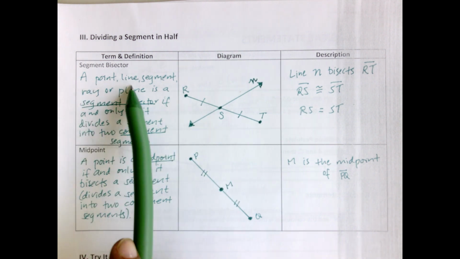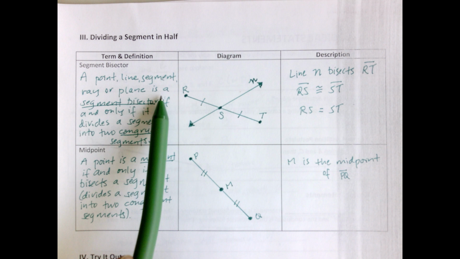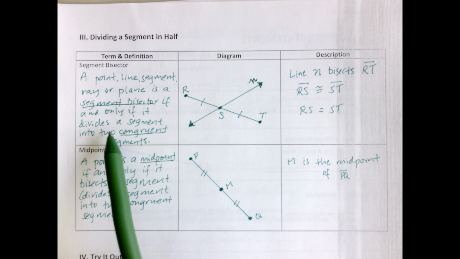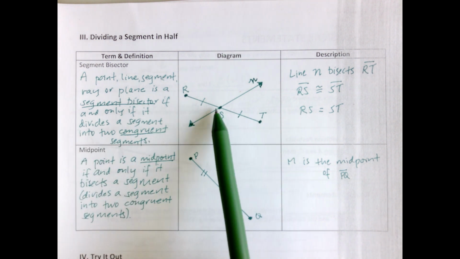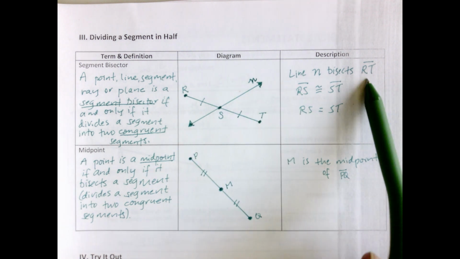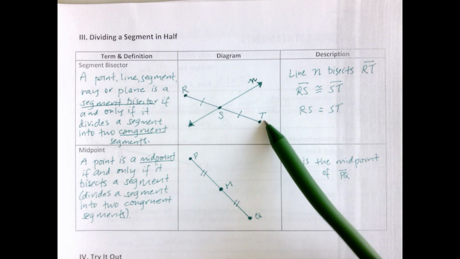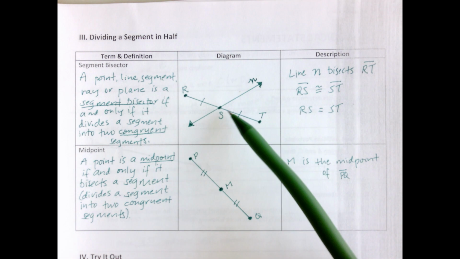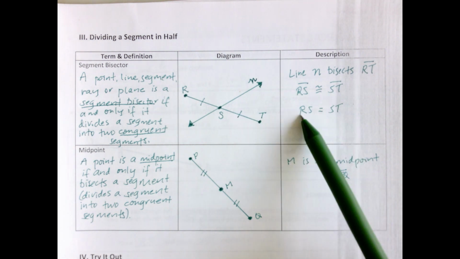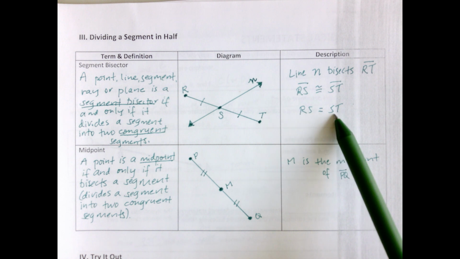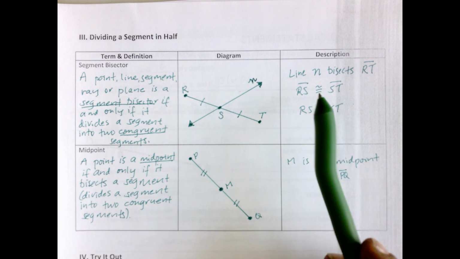Any point, line, segment, ray, or plane is a segment bisector if and only if it divides a segment into two congruent segments. I call them parts, but they are segments, right? So line N bisects segment RT, and segment RS is congruent to segment ST. The length of RS is equal to the length of ST, okay? So that is our segment bisector.